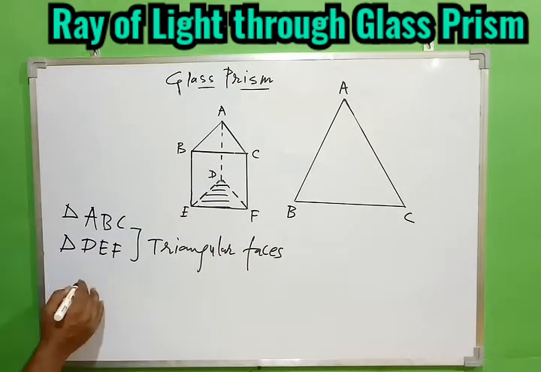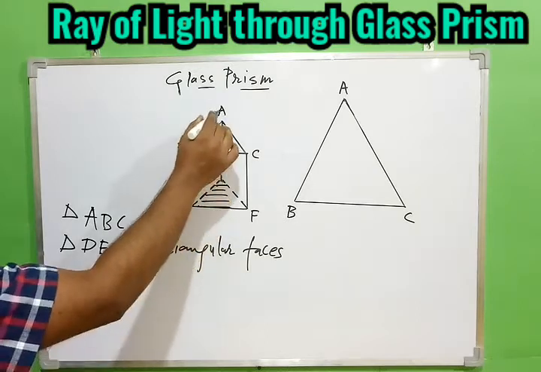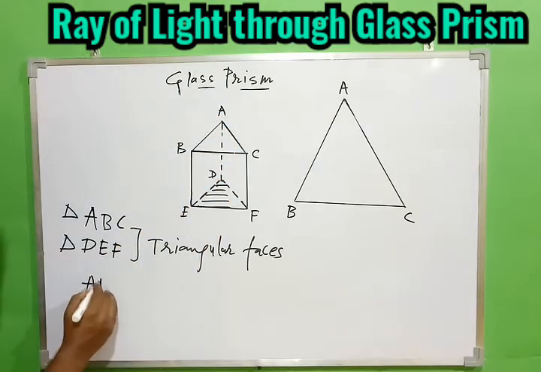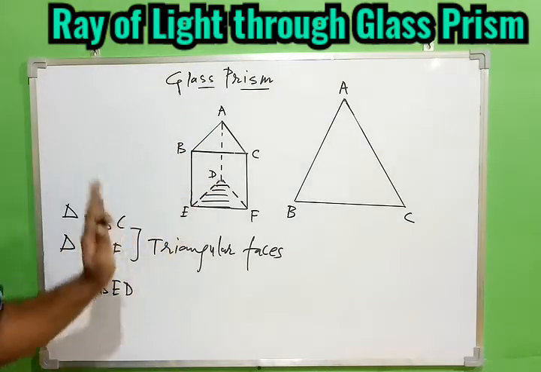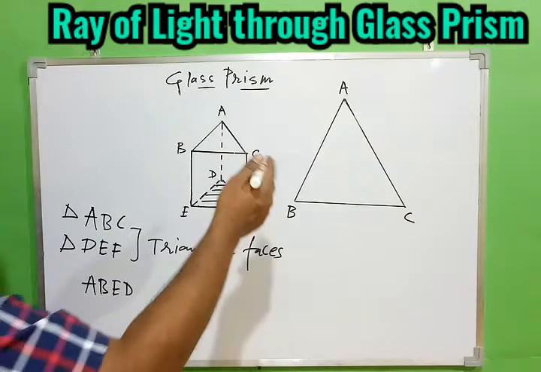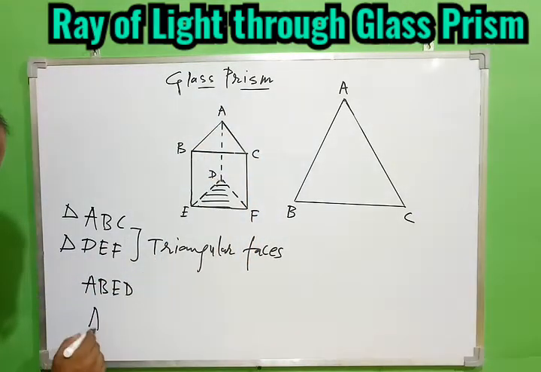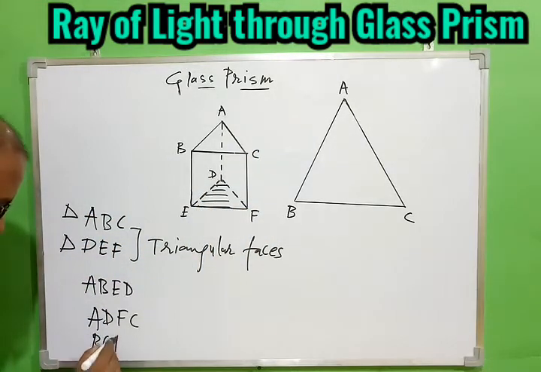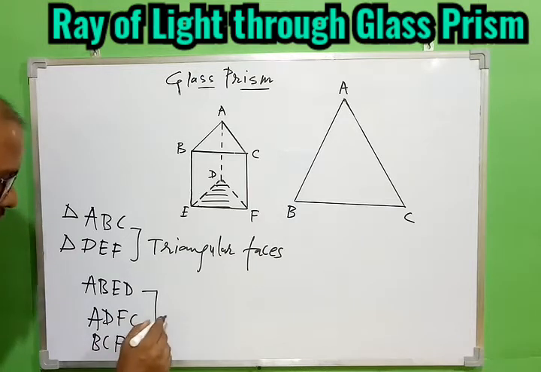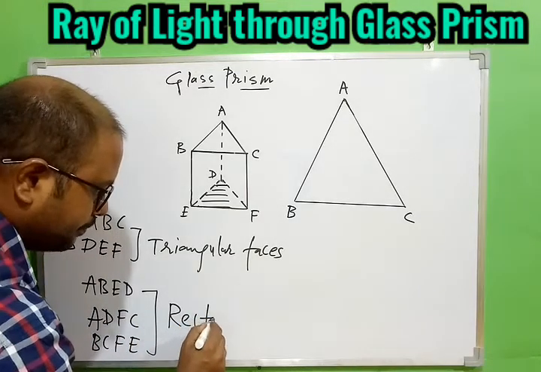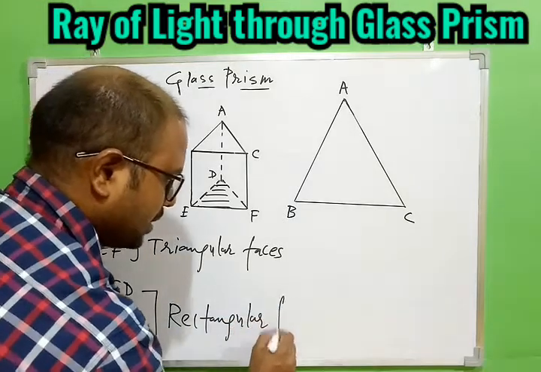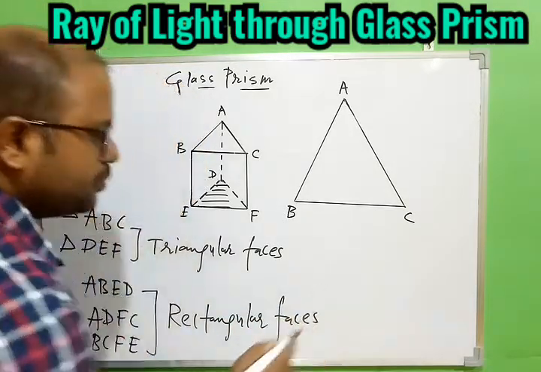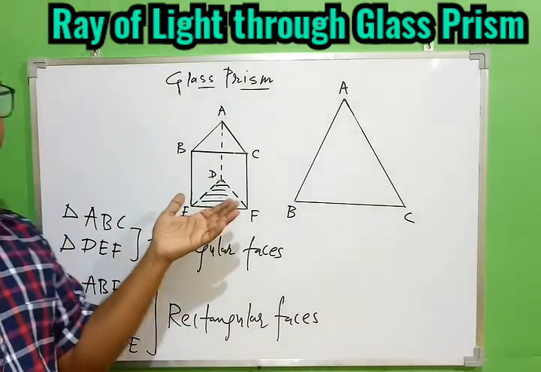So ABED is the first face you see, another face is this side, ADFC, and one is in front, BCFE. These are basically the rectangular faces we have of the prism. So this is the real picture of the glass prism.